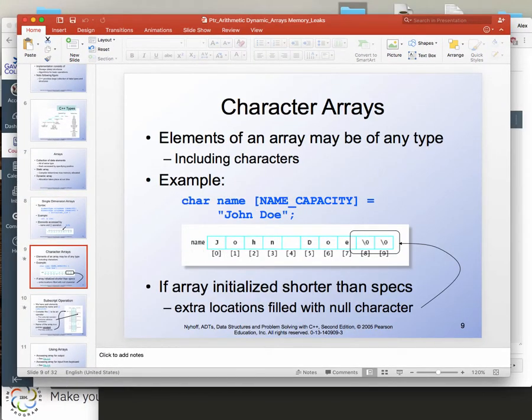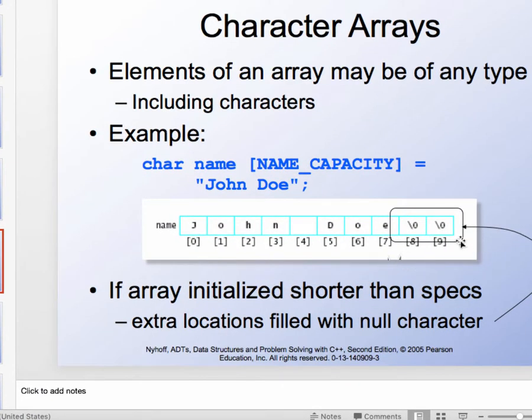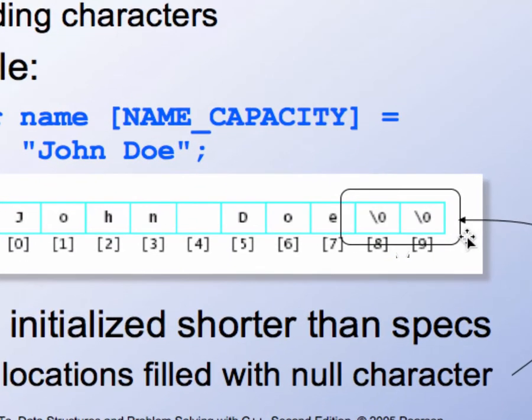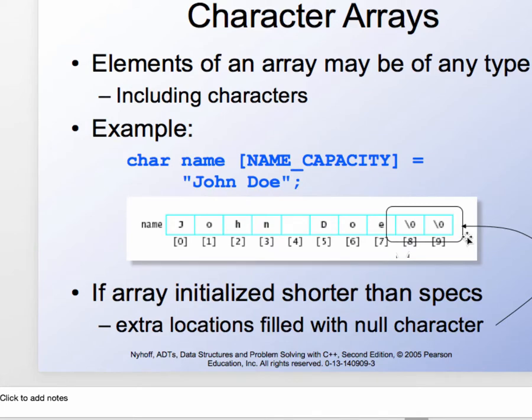Okay, so you can have a character array. And by the way, a character array is just a bunch of characters. If you have this \0 null at the end, that is used for strings. A string is just a bunch of text.